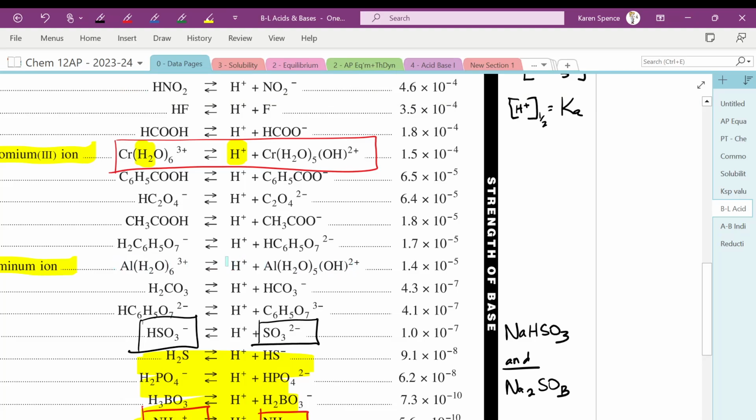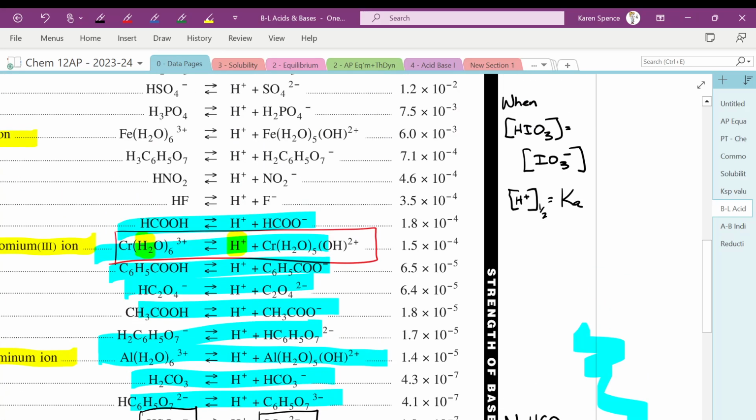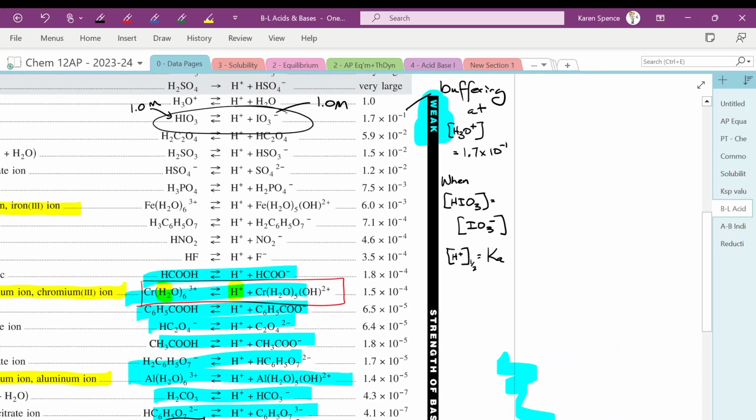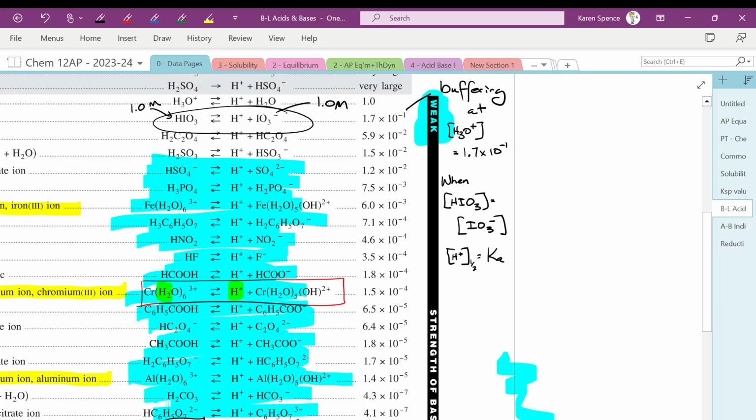Is there another one we could use to buffer at pH less than 7? Yeah, you can say, okay, I could use any of these to buffer at pH less than 7. Where do I stop? Do I stop yet?